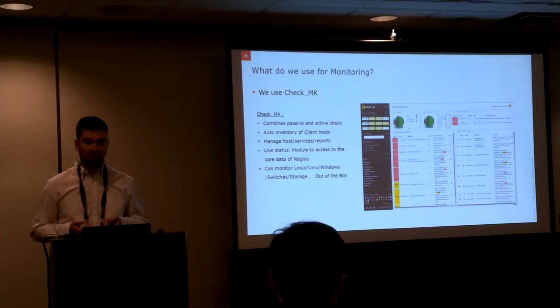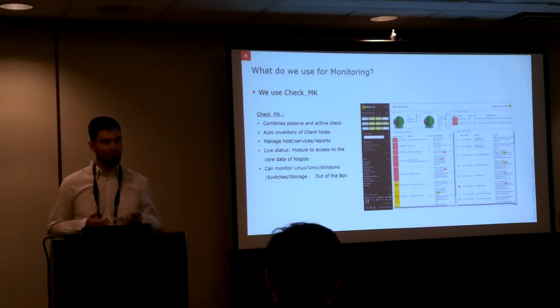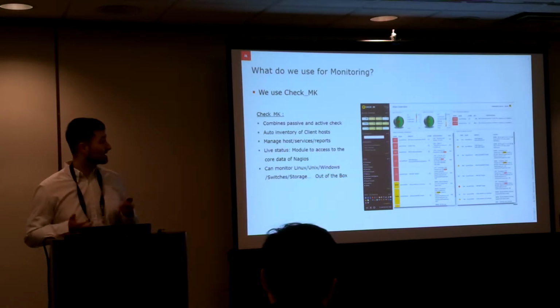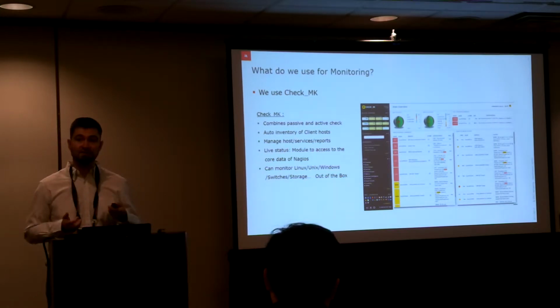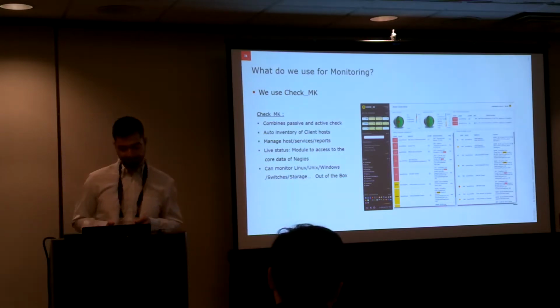With this UI, you can also manage your hosts and services and also create rules for thresholds and settings for your monitoring system. It combines the advantages of passive and active checks in the Nagios world. And it also has some auto-inventory functions. For example, when you add new storage to a VM or a new network interface, it will be automatically detected and added to your monitoring system.